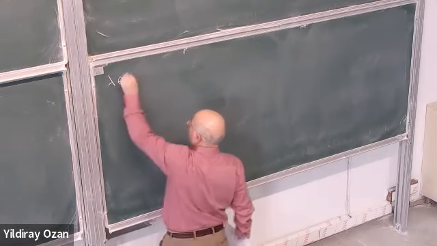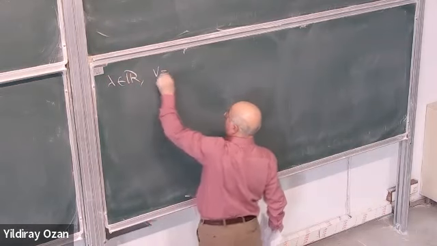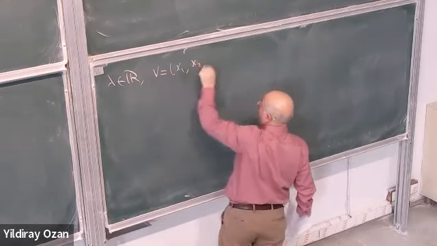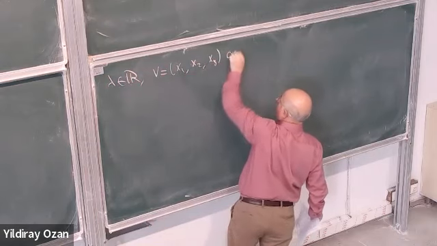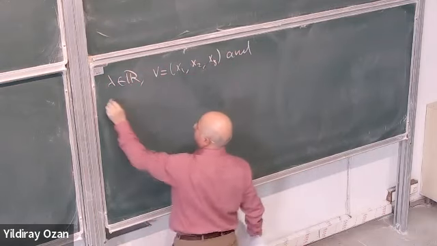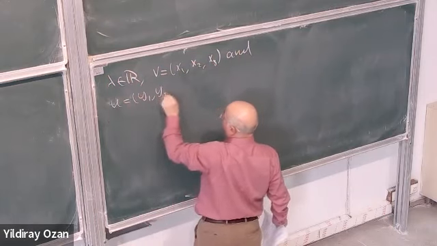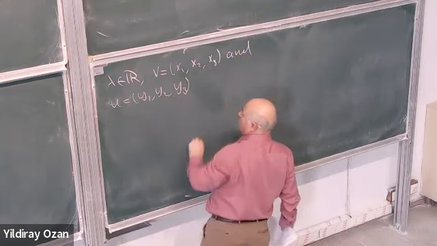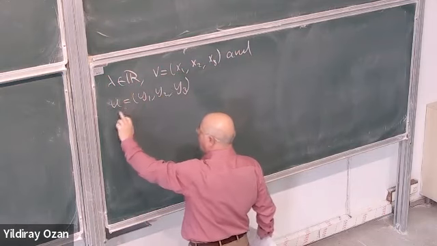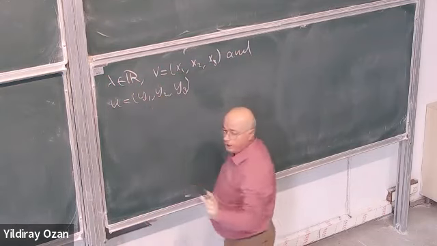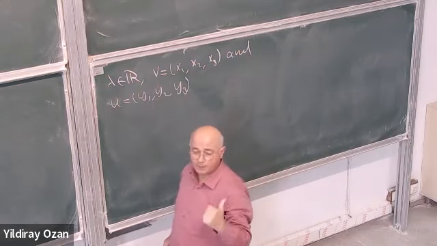For any lambda and vectors, let's say v equal to x1, x2, x3, and a third vector, let's say u, which is y1, y2, y3, lambda times u plus v should be equal to lambda times u plus lambda times v.